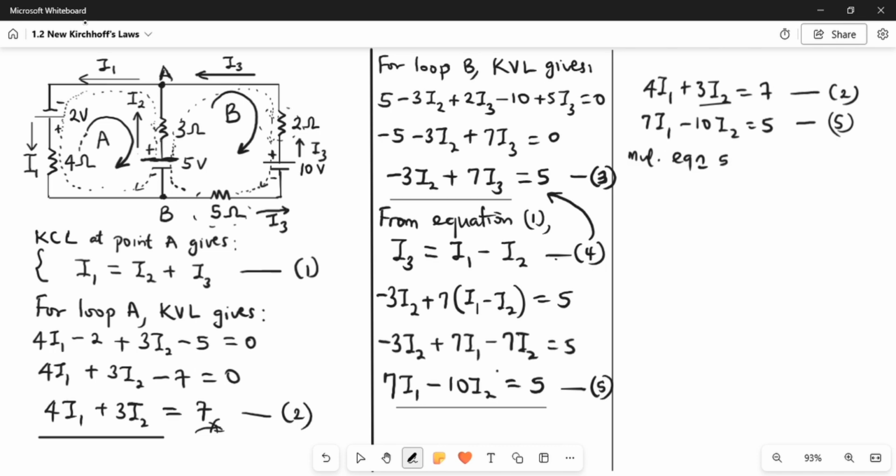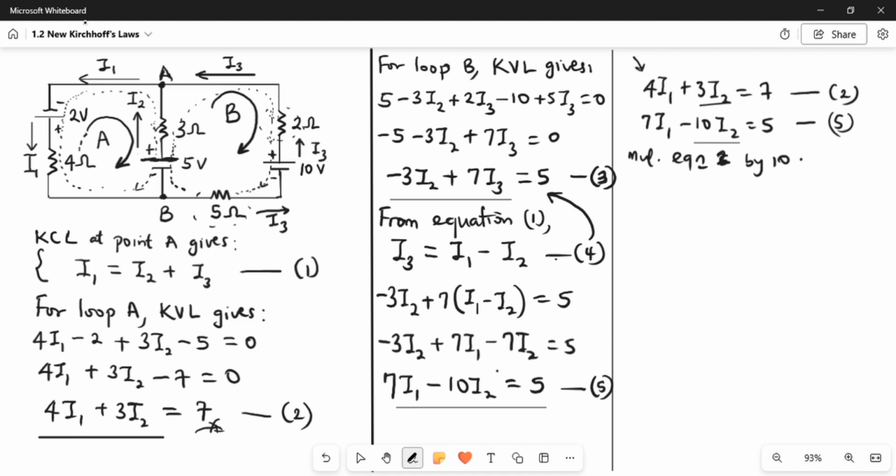Let's start with equation 2. We multiply equation 2 by 10. Why are we doing that? The coefficient of I2 in equation 5 is 10. So we use that 10 to multiply everything in equation 2, while we use the coefficient of I2 in equation 2 to multiply everything in equation 5.